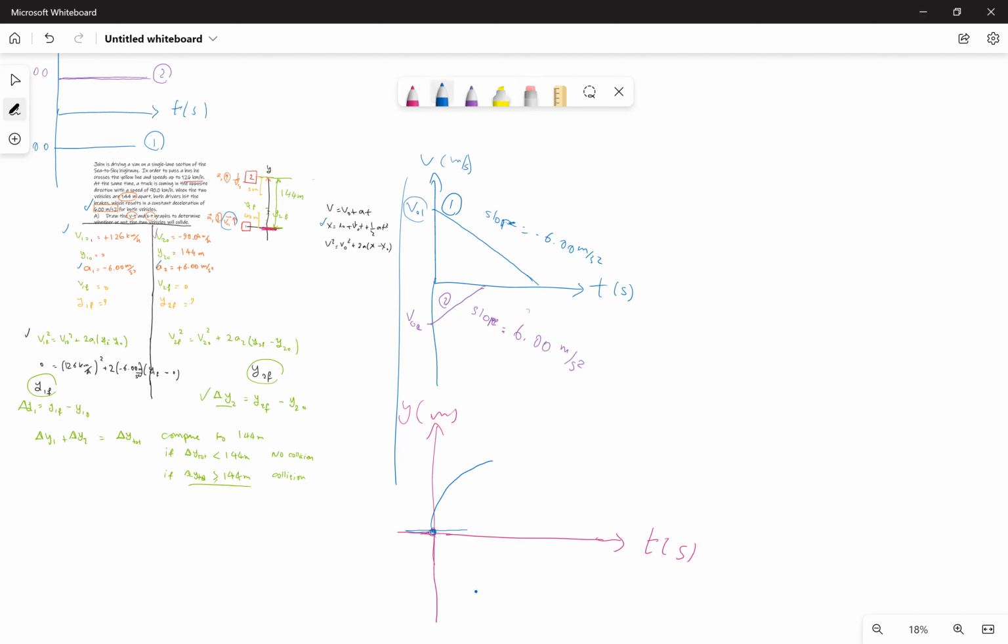So this is not going to work, and you need to draw a graph like this for car one. This is car one. Here, at time equals zero, the slope is the slope of this line. As time progresses, the slope of the tangent line approaches zero.